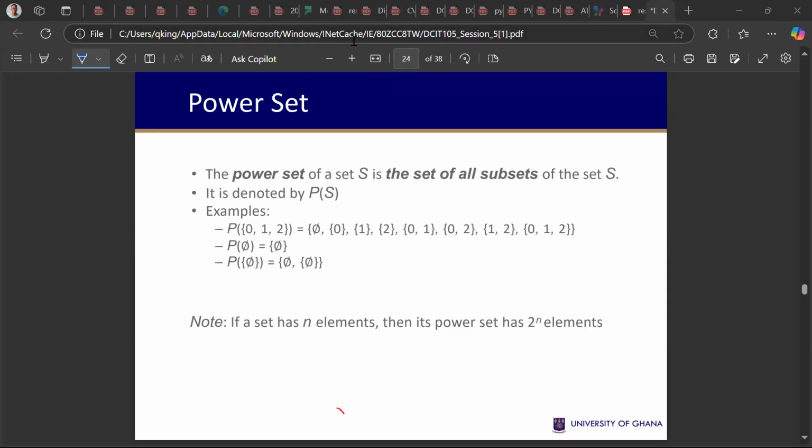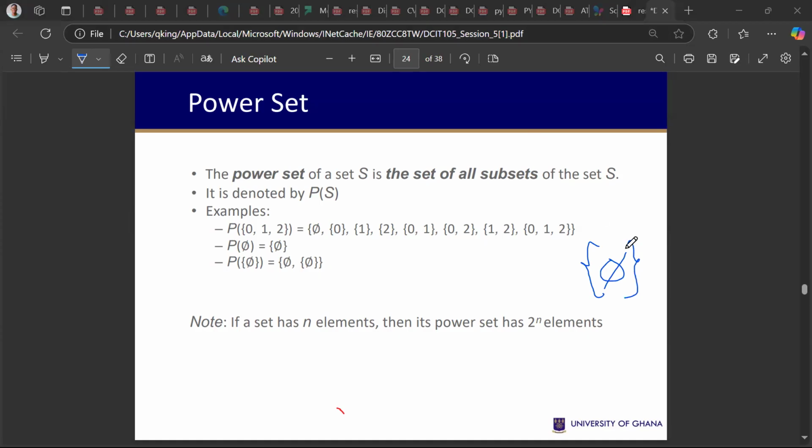Someone is asking a nice question in the chat section: what is the cardinality of a singleton set? I want to ask the class, what could possibly be the answer? I've written it on the screen here.